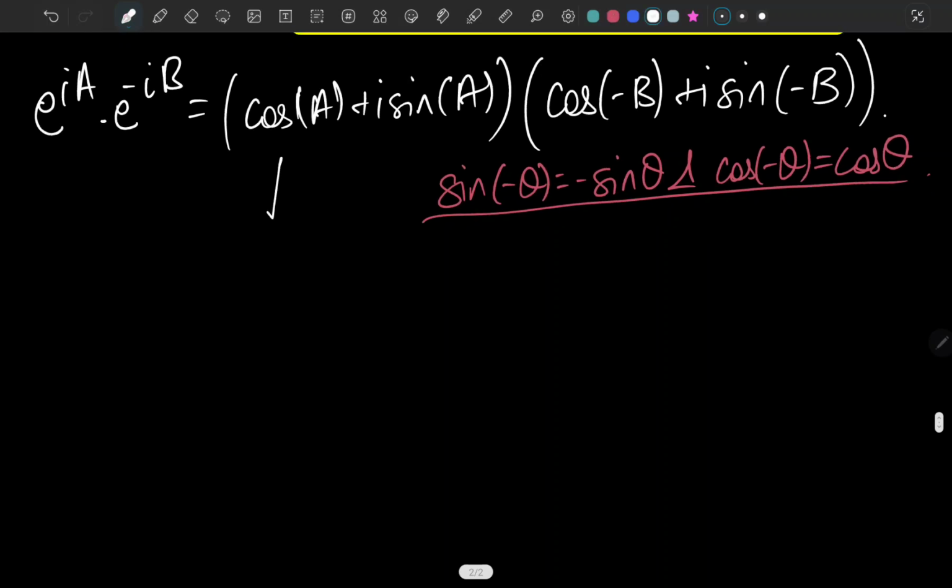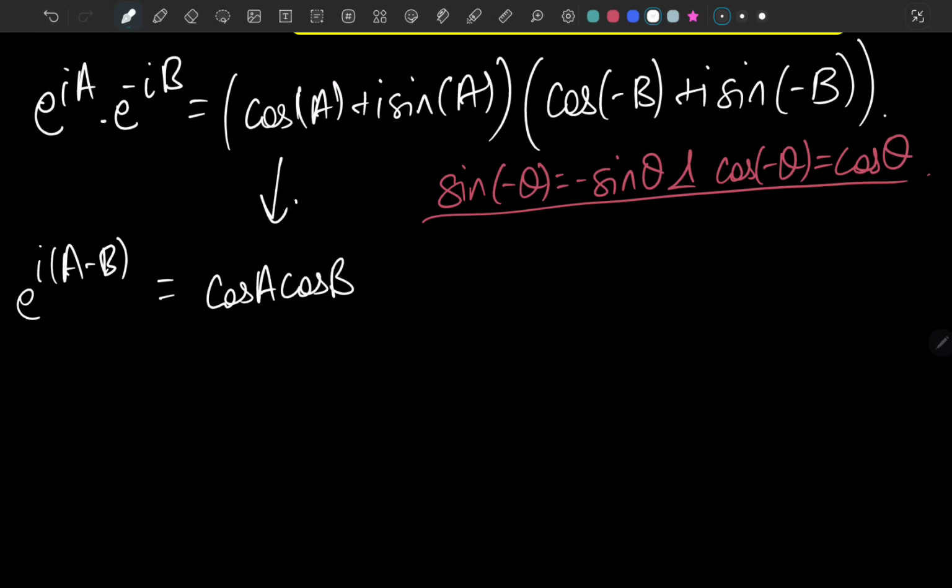When you multiply these parentheses, that's going to give us e to the I of a minus b, which gives cosine of a cosine of b. Let me do the I terms step by step.